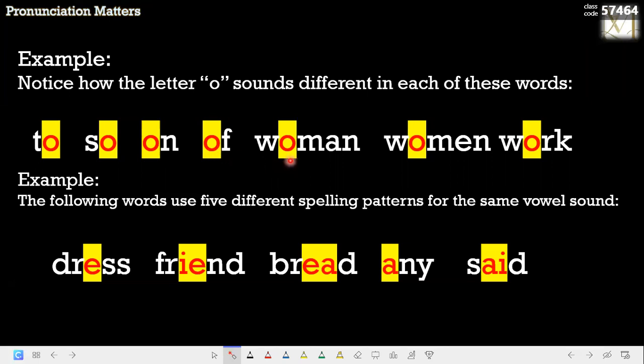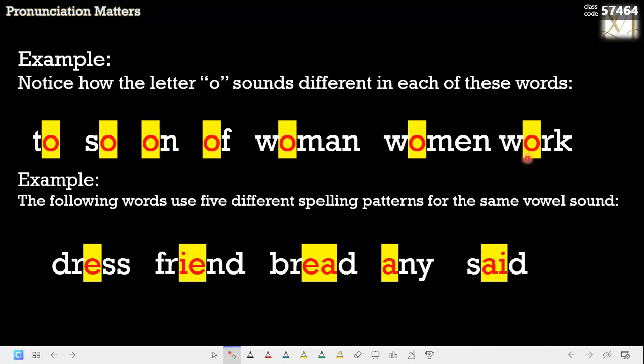And if you look at that word, it is woman. Here in the plural form, it is women. The same letter, but the pronunciation is different in each case.